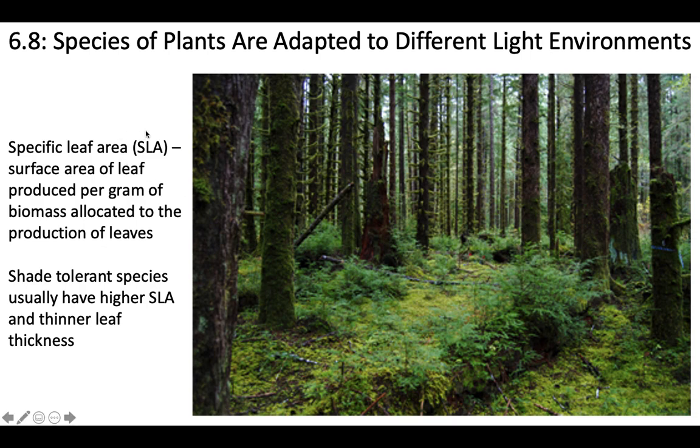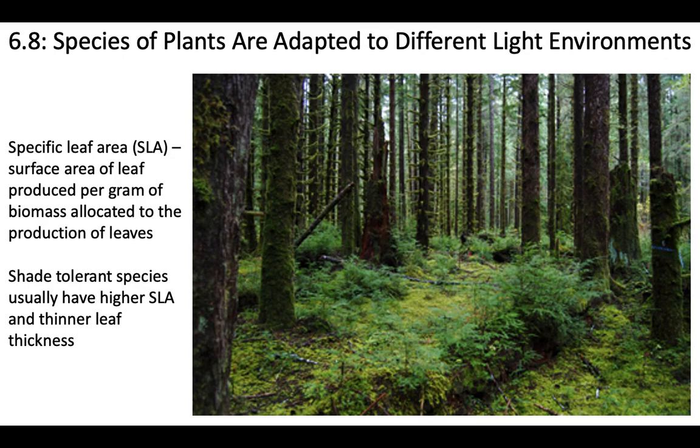Like I said before, some plants have evolved differences in leaf shape to maximize or minimize their exposure to light in the environment depending on where they evolved. Specific leaf area is the surface area of a leaf produced per gram of biomass allocated to the production of leaves. And shade-tolerant species usually have a higher SLA and a thinner leaf thickness.